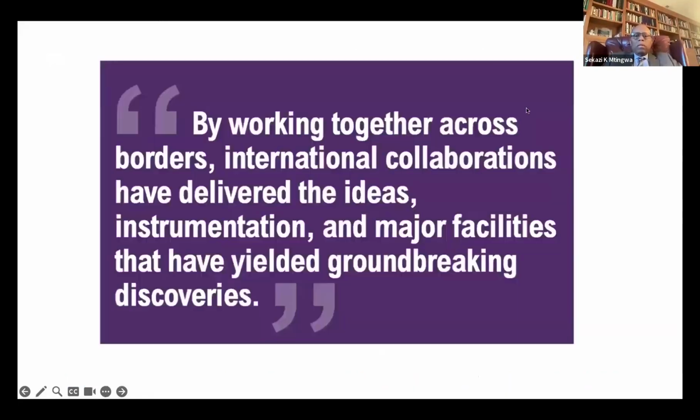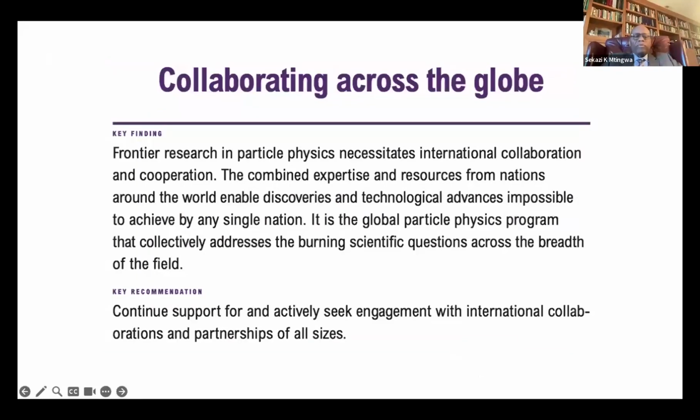Okay. So one of the things we do, we start out with this quote: "By working together across borders, international collaborations have delivered the ideas, the instrumentation, and major facilities that have yielded groundbreaking discoveries." So for my field of physics, international collaboration is crucial.